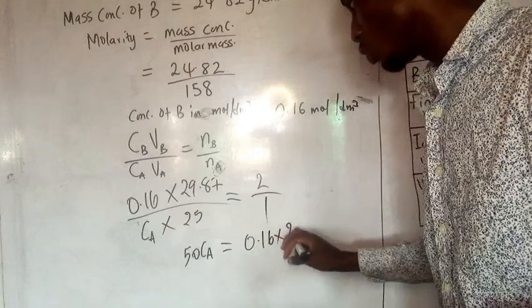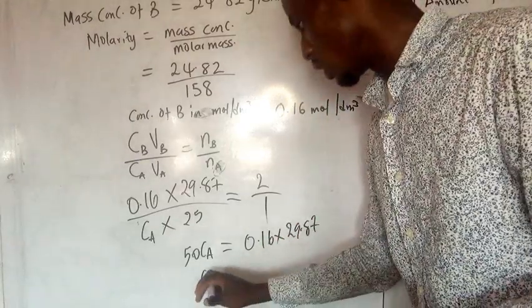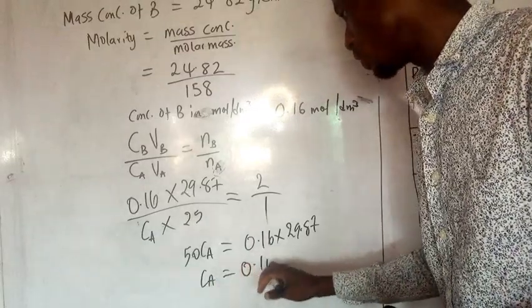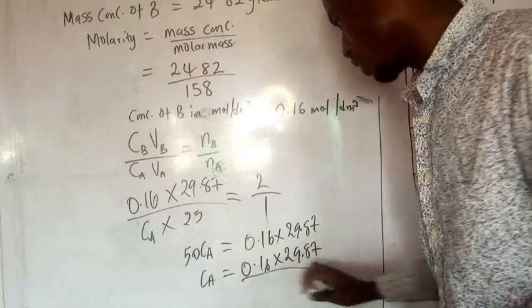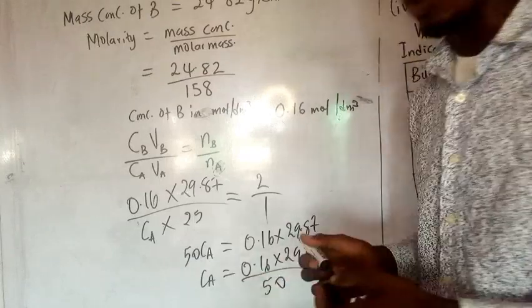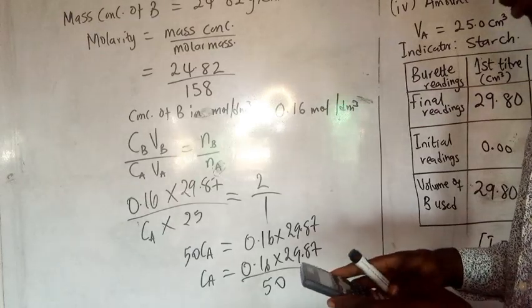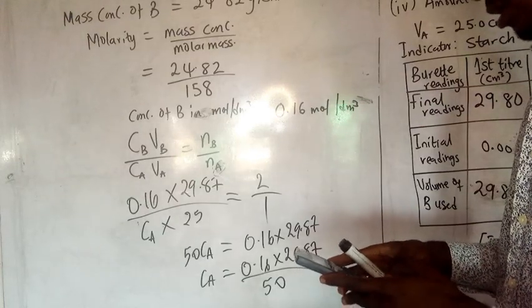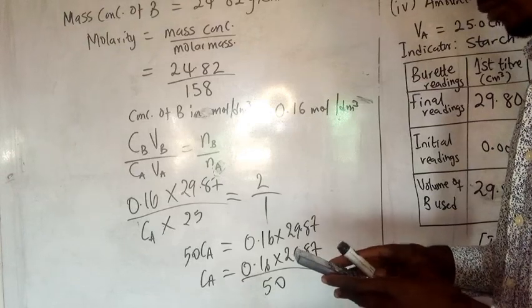50 CA equals 0.16 times 29.87. So CA will be equal to 0.16 times 29.87 divided by 50. So let's just compute that and see the value. So we have 0.16 times 29.87 divided by 50.